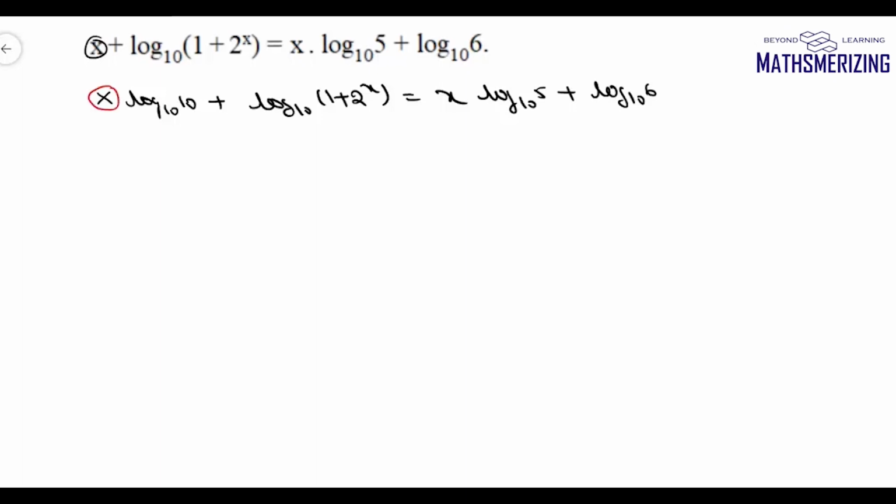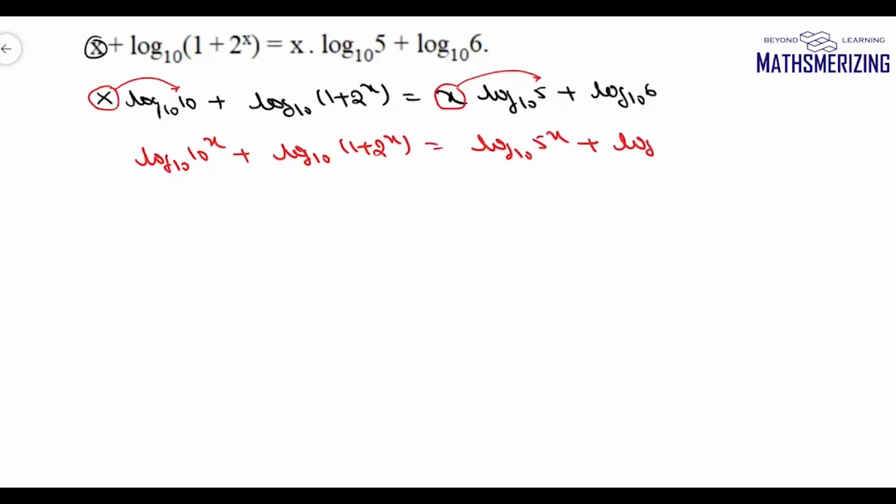Now I can take this x to the power of 10. In the same way, I can take this x to the power of 5. So I can write it as log 10 to the power 10x, log 1 plus 2 to the power x, log 5 to the power x, log 6.